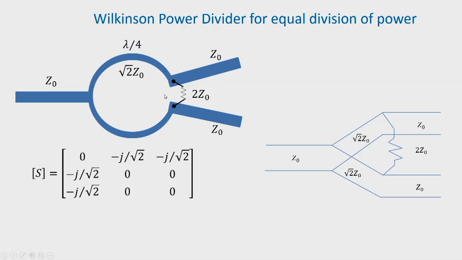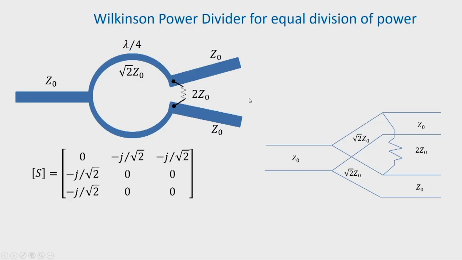Please note that we have a resistance connected between the output ports. So, when the output ports are under perfect matching condition, no current will flow through this resistor and there will not be any power dissipation.